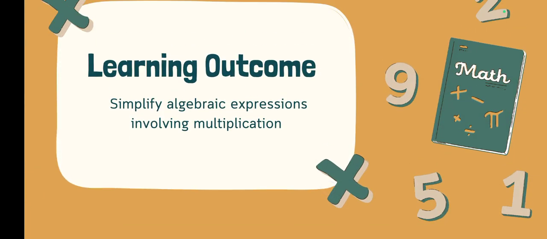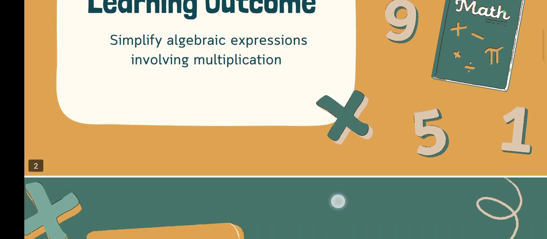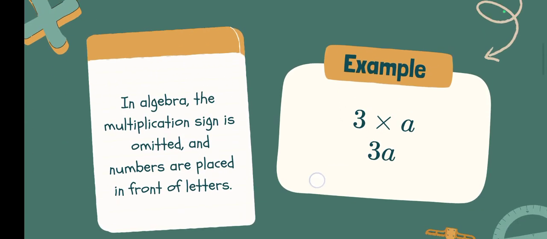So here in this video, we will learn how to simplify algebraic expressions which involve multiplications. You can see that in algebra, you won't see the multiply sign when you are writing it. Hope you have noticed that we don't use the multiplication sign in any of the expressions.